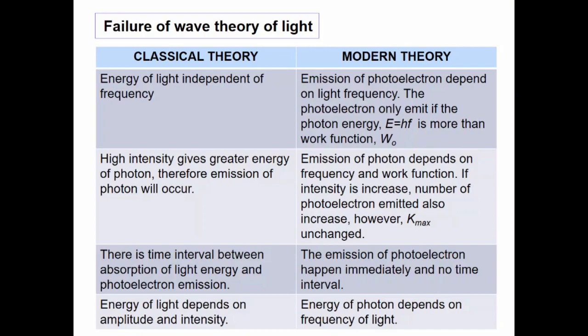Experimental observations deviate from classical predictions based on the wave theory of light. Hence, classical physics cannot explain the phenomenon of the photoelectric effect. The modern theory, based on Einstein's photon theory of light, can explain the phenomenon of the photoelectric effect.